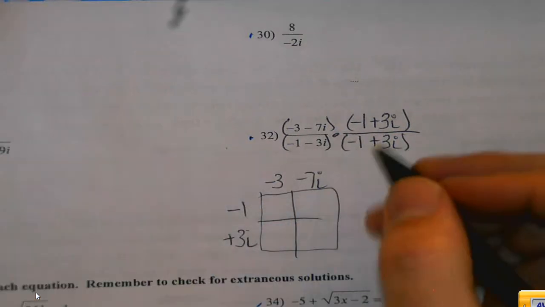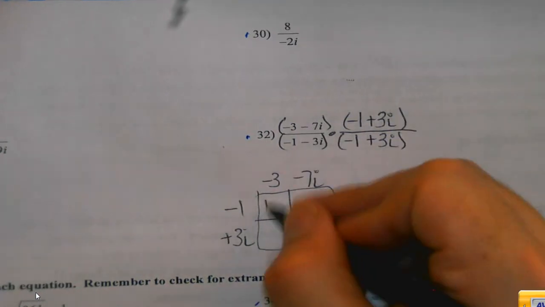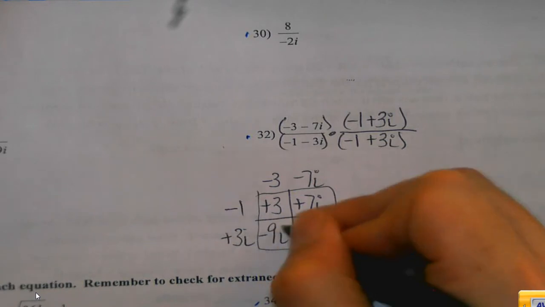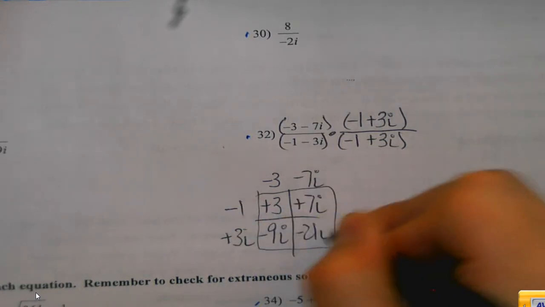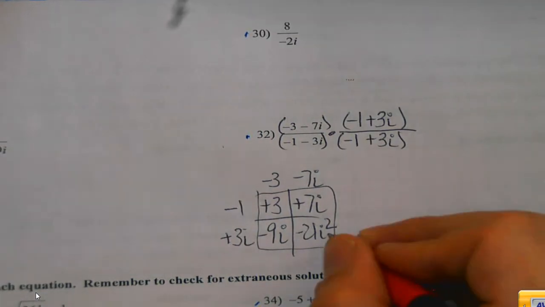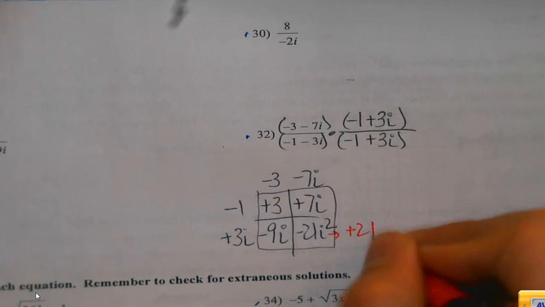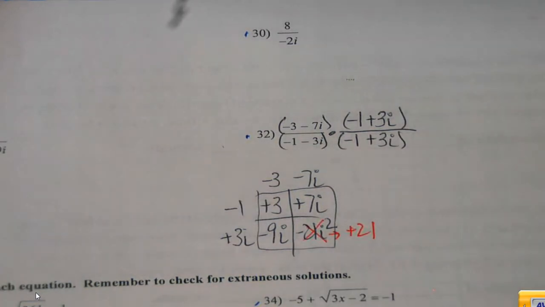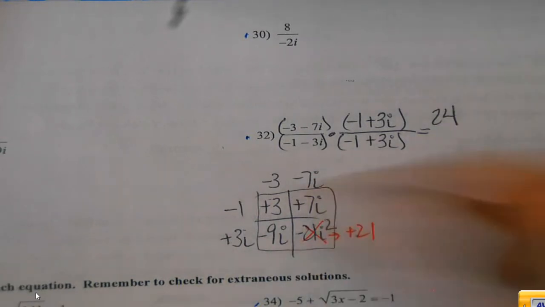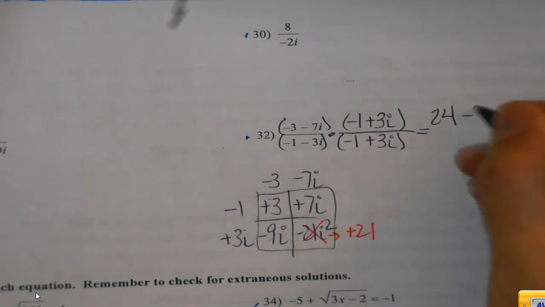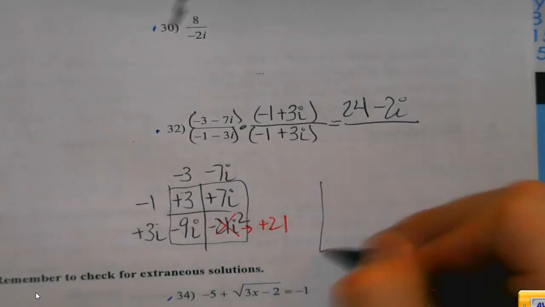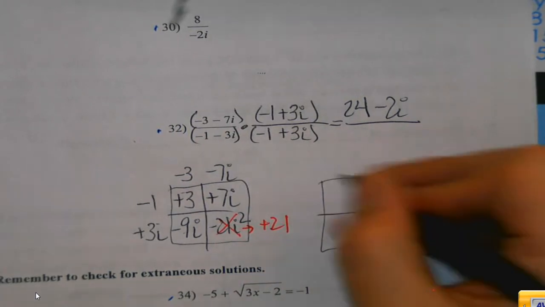In the numerator, when I multiply through these two, it's okay to have i in the numerator, and we will. 21 plus 3 is 24. 7 minus 9 is negative 2i. But when I do the denominator one, I should not have i's left.